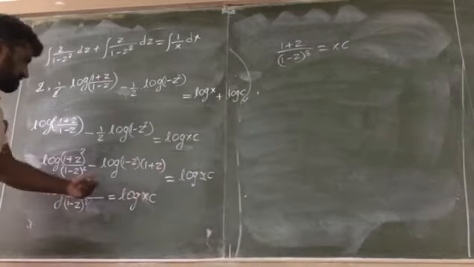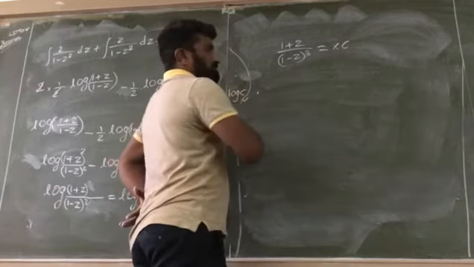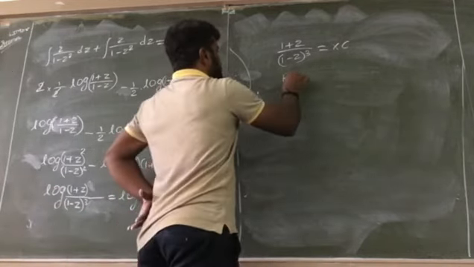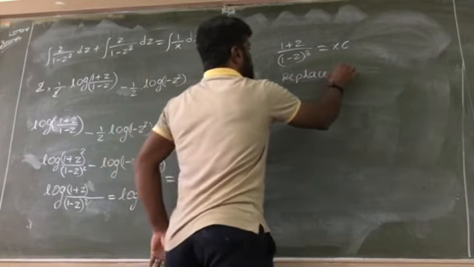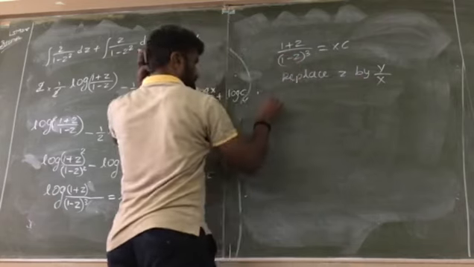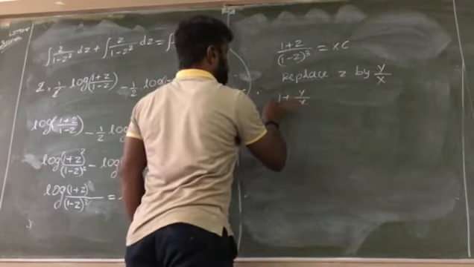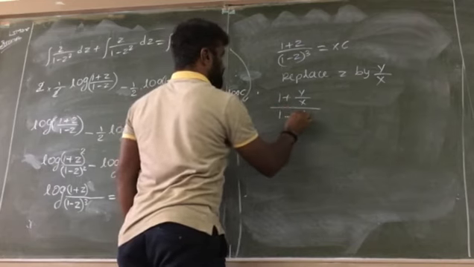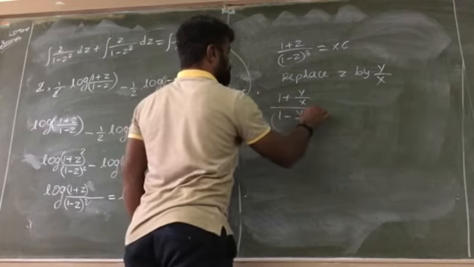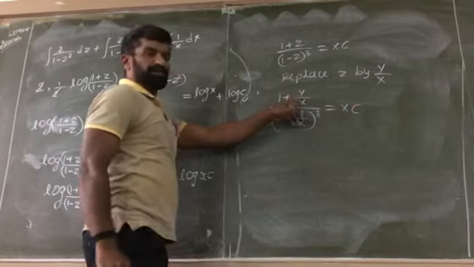Next, you have to substitute z: replace z by capital Y by x in the above equation. So 1 plus capital Y by x divided by 1 minus capital Y by x, whole cube, equals x into c. What is capital Y?